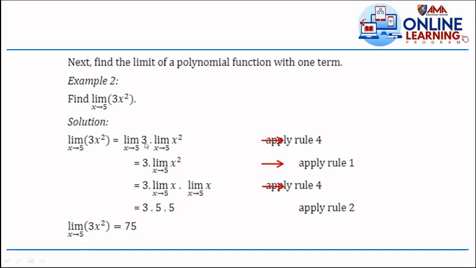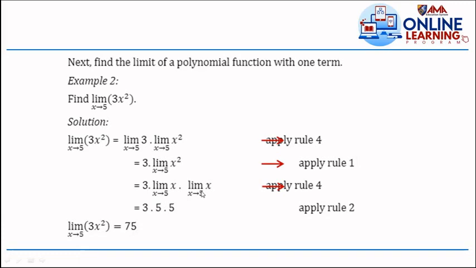So we have the limit of 3 multiplied by the limit of x squared as x approaches 5. But x squared is the same as the limit of x as x approaches 5 multiplied by the limit of x as x approaches 5. Okay? So by this time, we have applied the multiplication rule or product rule.